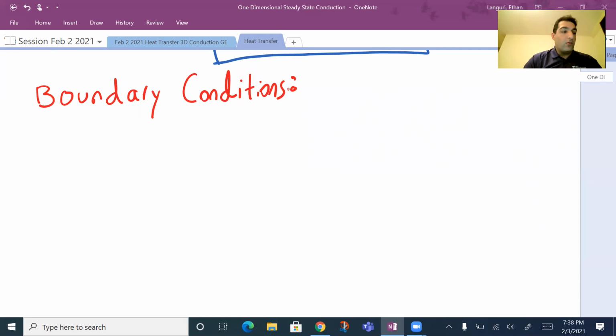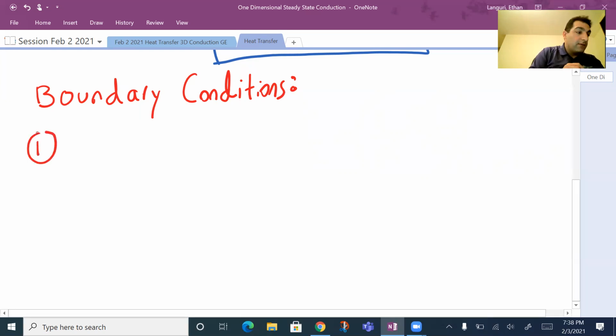One of the boundary conditions we typically see in heat transfer problems is when we have a constant surface temperature.